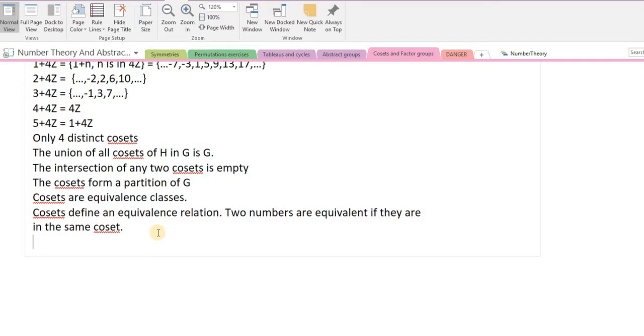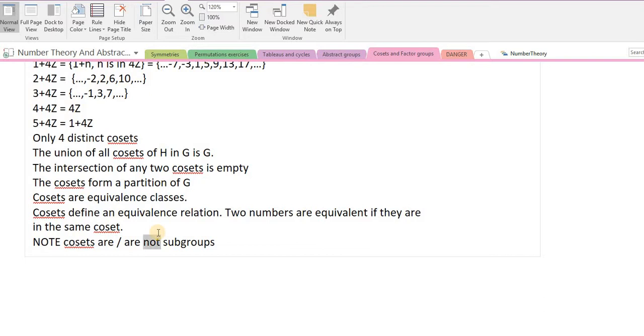Now, the other thing is that, note, the cosets are or are not groups. Which is true? So we talked about subgroups, right? Cosets are or are not subgroups. Okay.